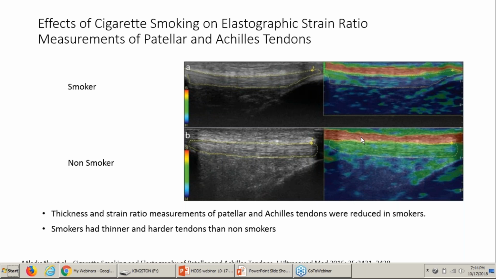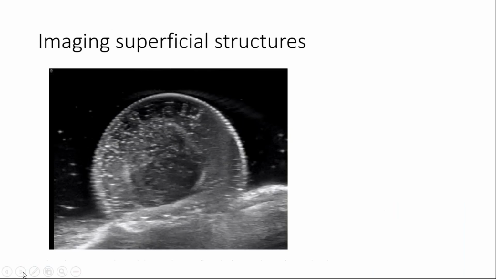When someone smokes, they have thinner tendons, and they are harder than the normal tendon. On the top you can see the smoker, the B mode image of the patellar tendon, and there are more blue areas, which means it's harder compared to the healthy non-smoker, where you can see fibrillar arrangement and it doesn't show as much blue area. Of course, they did it on a large group of subjects, and that's how they established this.